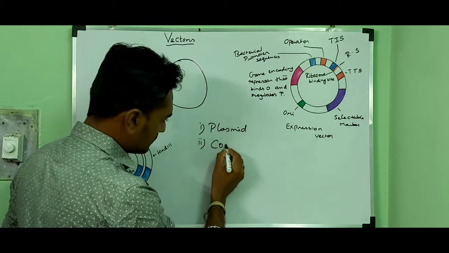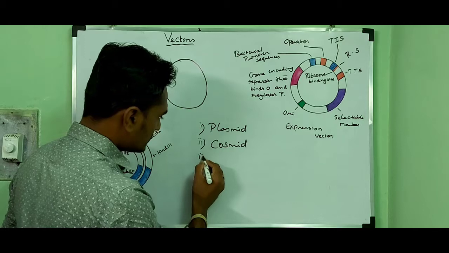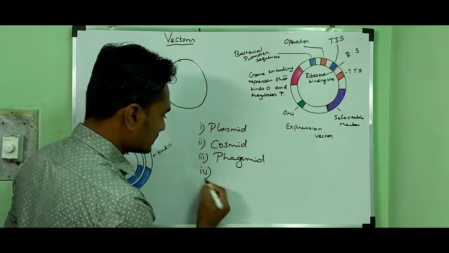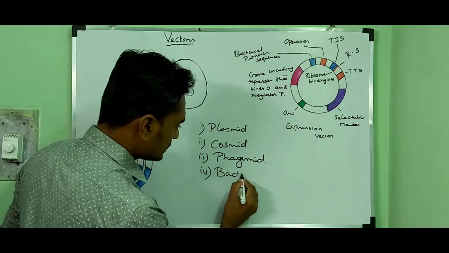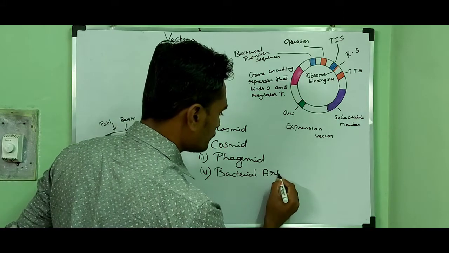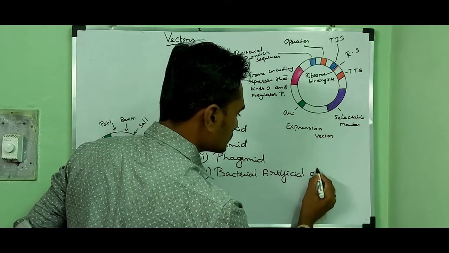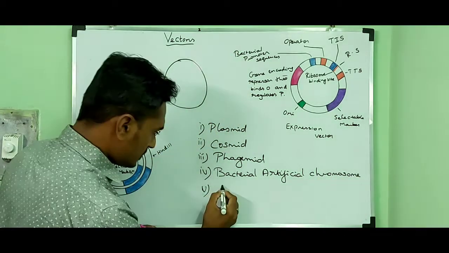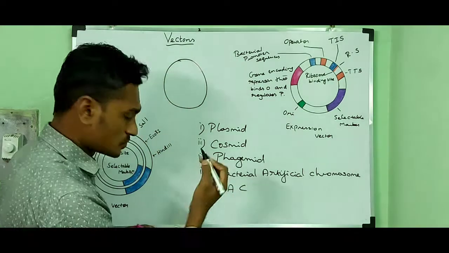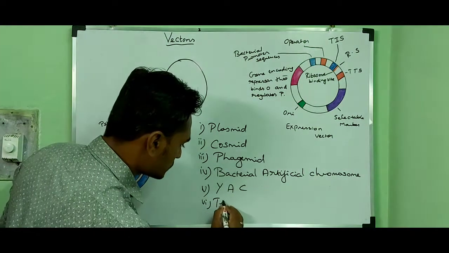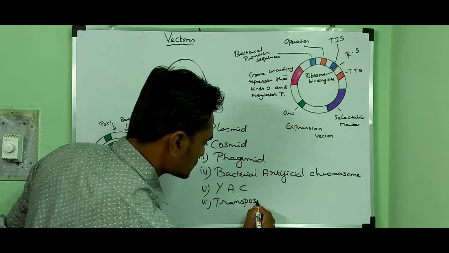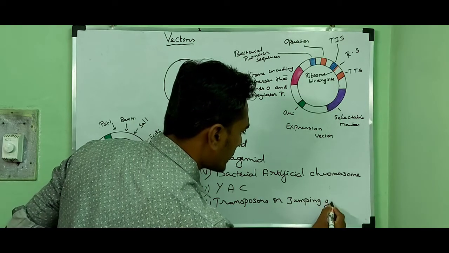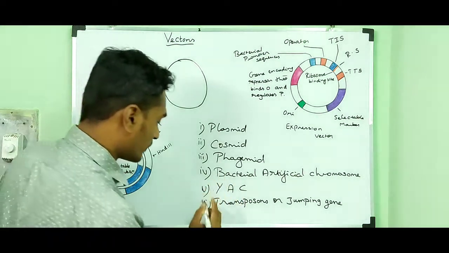Then it may be a cosmid, a phagemid, bacterial artificial chromosome, or yeast artificial chromosome, or it may be a transposon or jumping genes, or it may be even a virus.